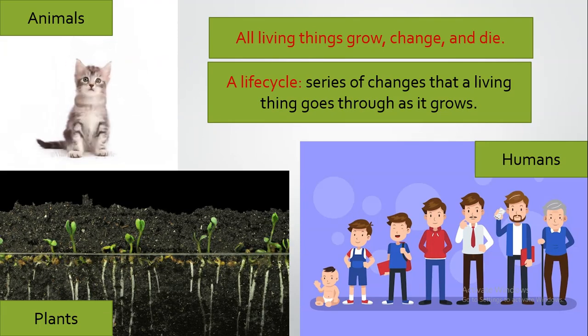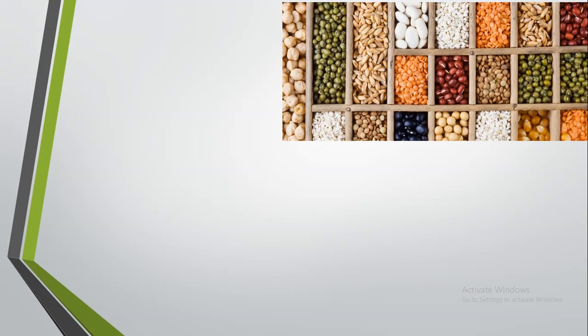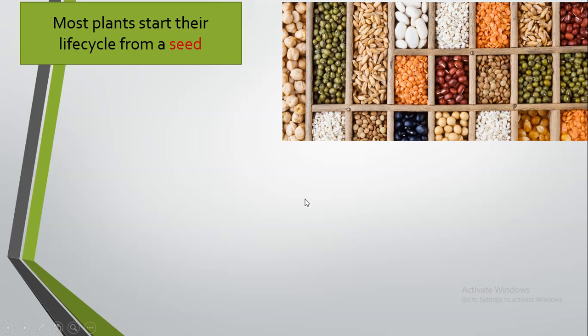So let's get started. Look at this picture and tell me, what do you see? These are seeds. Different kinds of seeds, as you can see. Now, most plants start their life cycle from a seed.